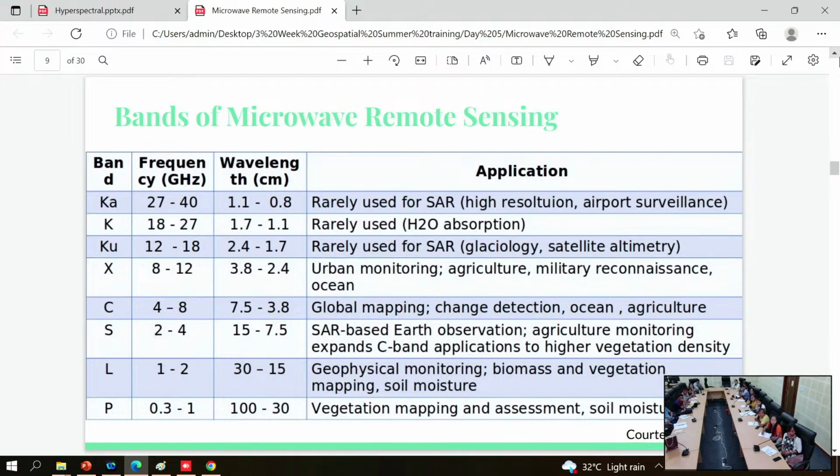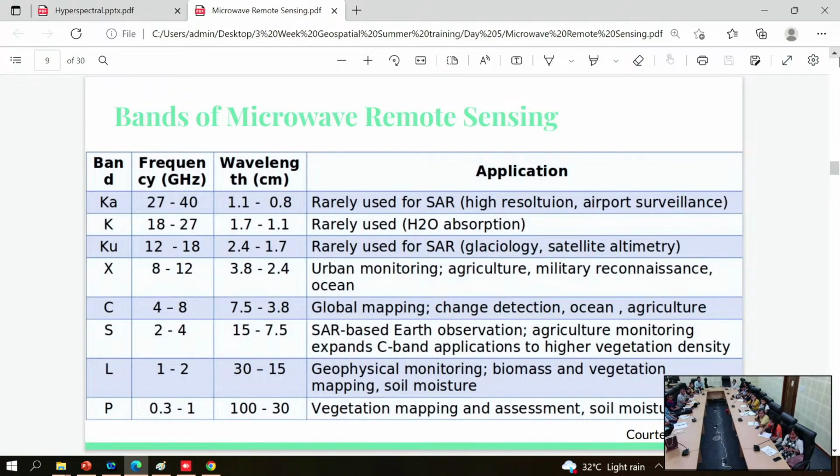Like how we drew the waves earlier, and said that light has different wavelengths and different frequencies. If it is a very small wavelength, it is high frequency, right. Accordingly, you can see that over here. This is a long wavelength, 30 to 100 centimeters.